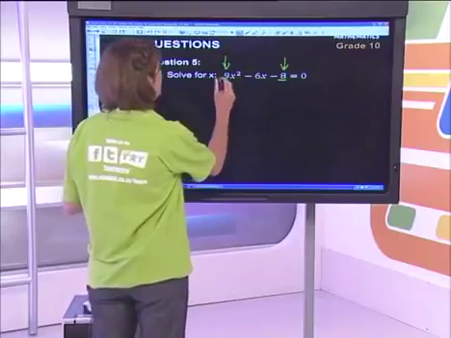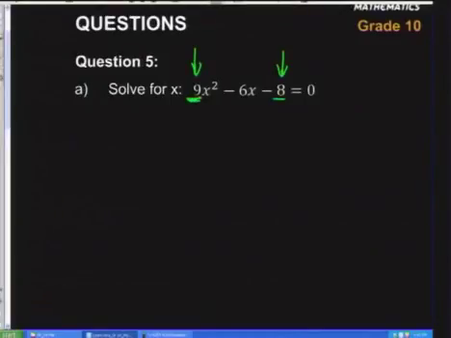To factorize this trinomial, I need to take the factors of 9, which is either 9 times 1 or 3 times 3. And then I'm going to take the factors of 8, which is either 8 times 1 or 4 times 2. Now in this method, just one side of this line over here, only one side of your factors, needs to be inverted.